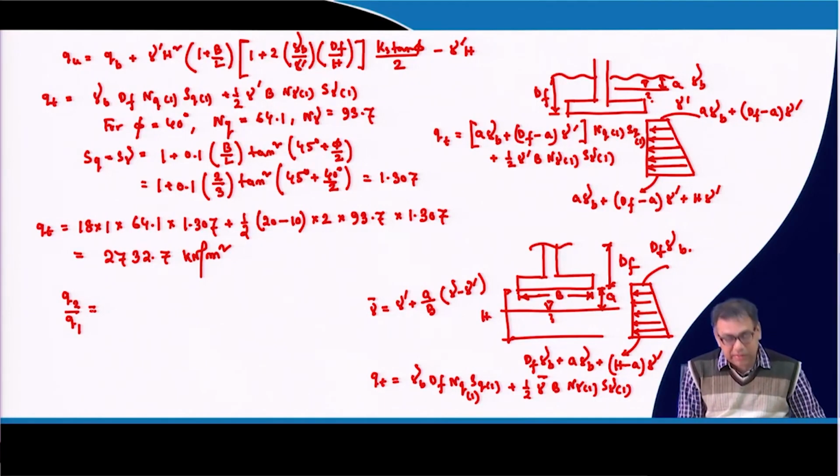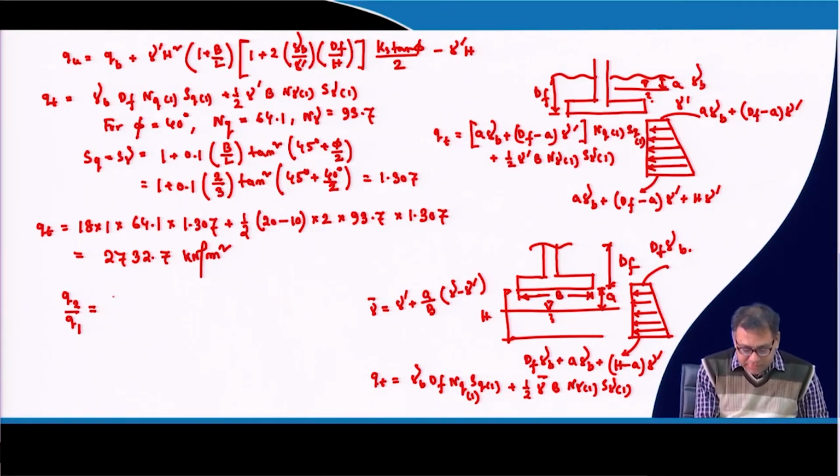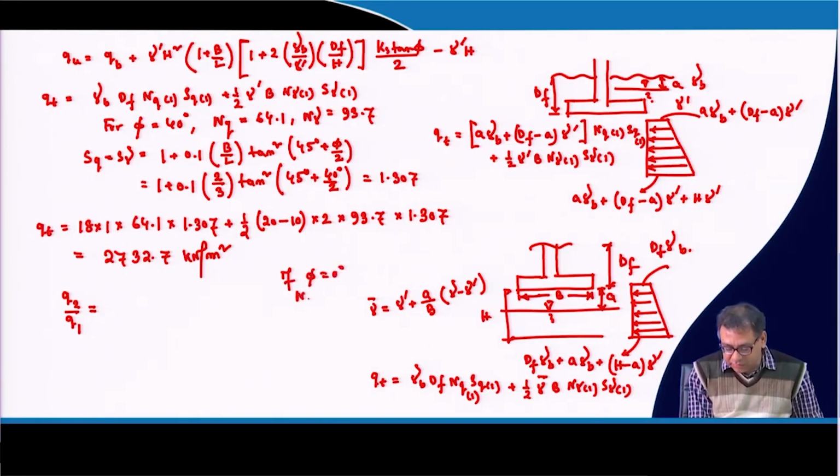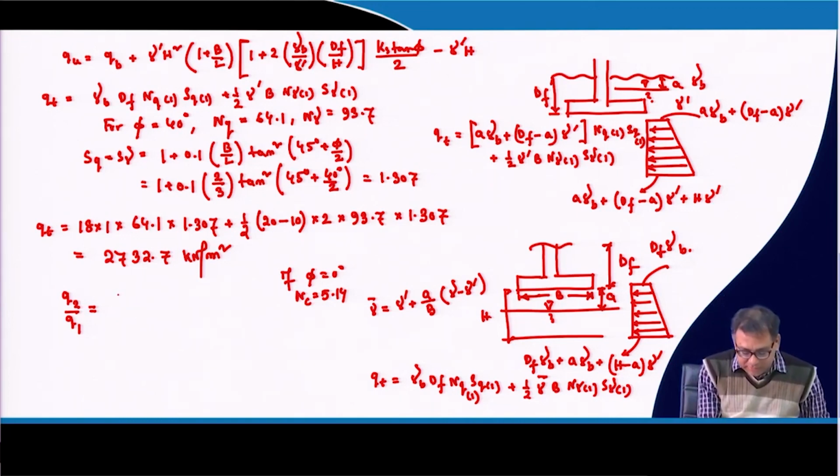If I put it on the surface, the second term is 0, and the bottom layer is cohesive soil, so the third term is also 0. Only the first term will be there, and Nc is taken as 5.14. If your phi is equal to 0 degree, then Nc is 5.14 as per Meyerhof's bearing capacity factor table. So this is 5.14 C2.